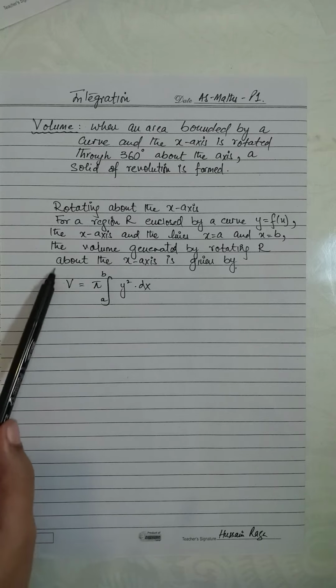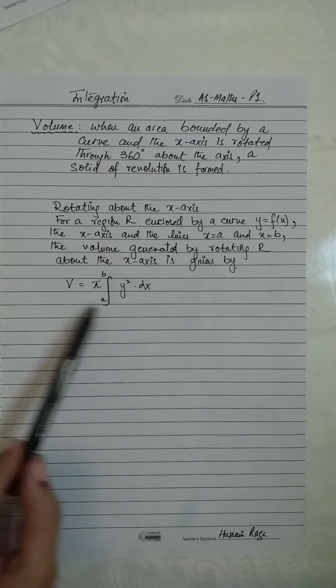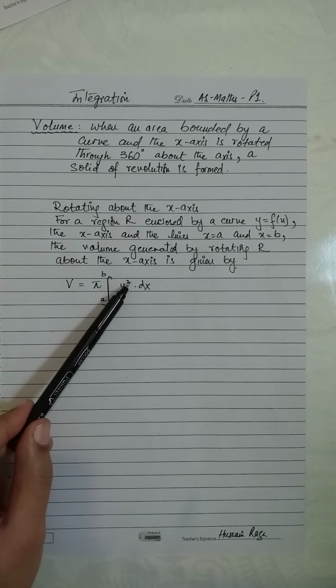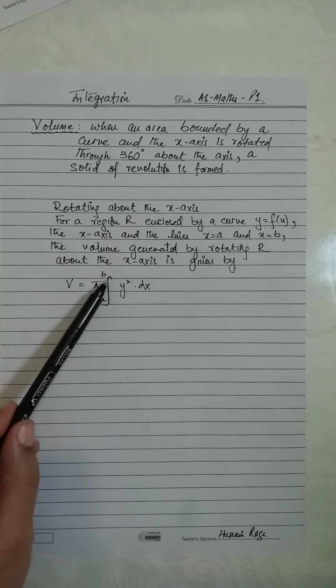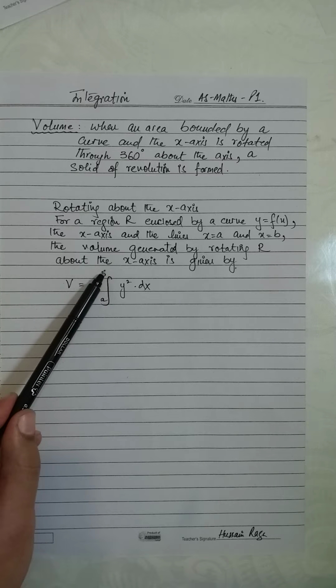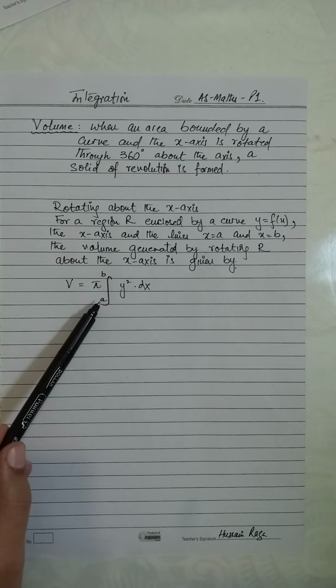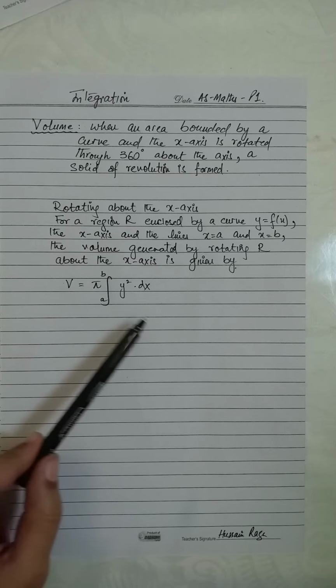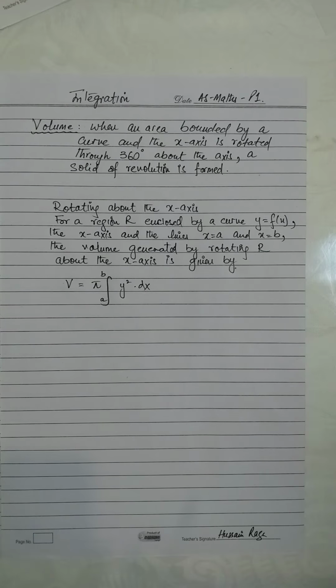So all you have to do is, the equation of the curve will be given to you, and that equation of the curve has to be squared first, then integrated, and apply the limits like you do in the area. Whatever your final answer is, multiply your final answer with the pi, that will be your volume.